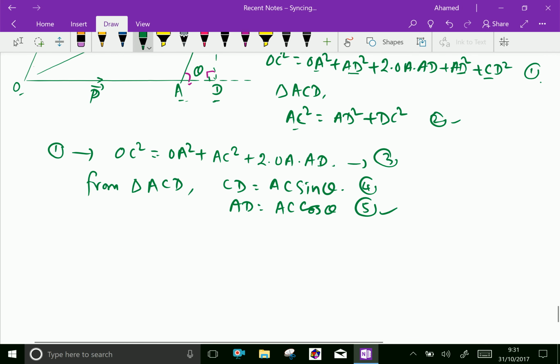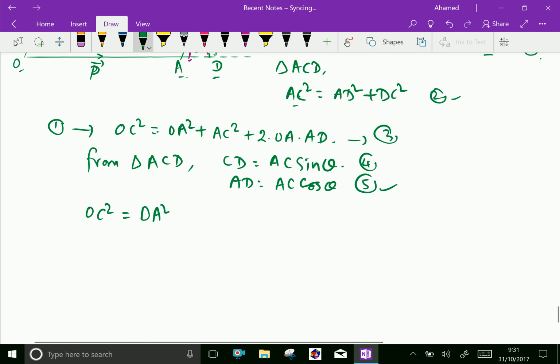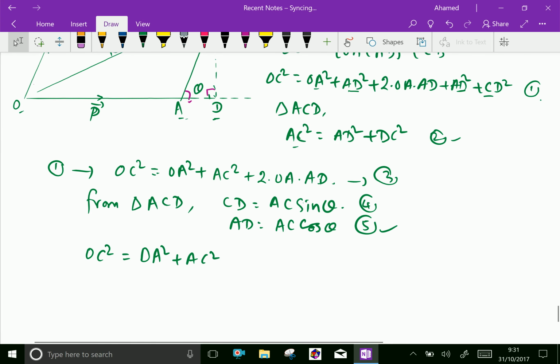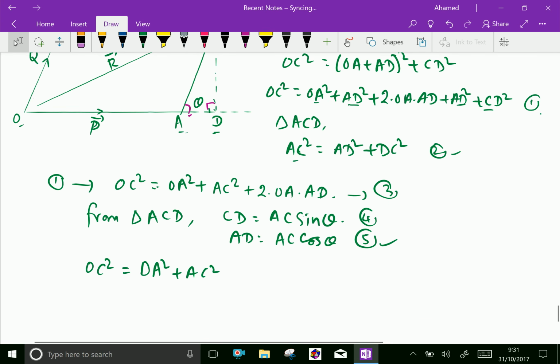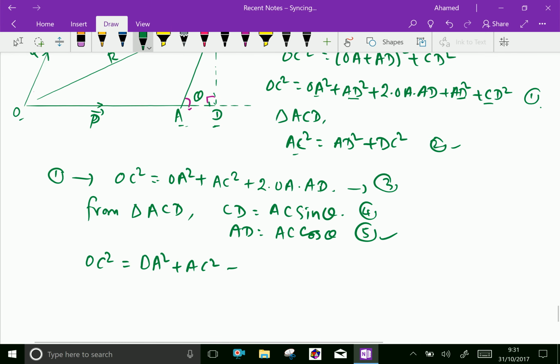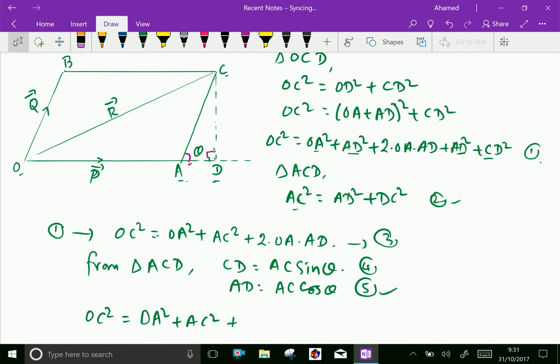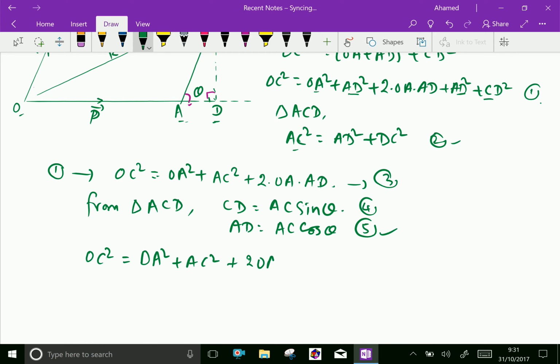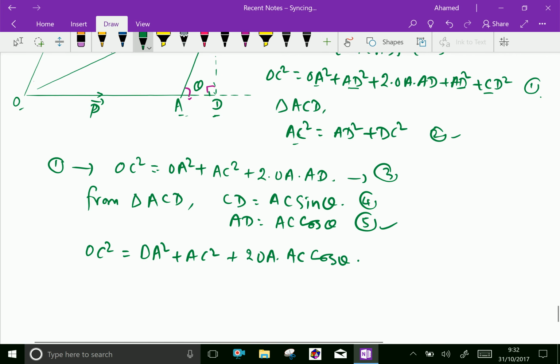We'll get OC square equals OA square plus AC square plus 2 OA into AC cos theta, because we have AD equal to AC cos theta. Instead of that, we substitute AC cos theta.